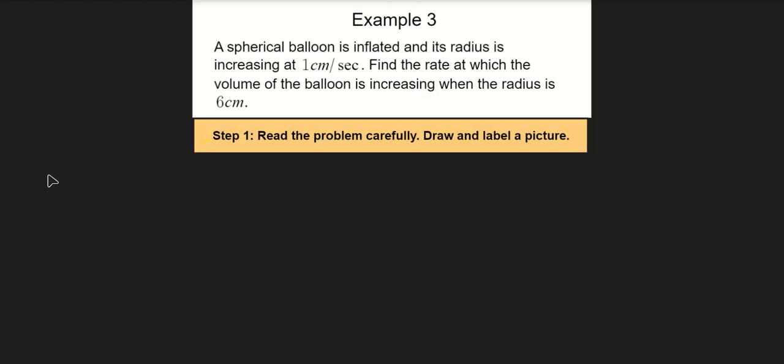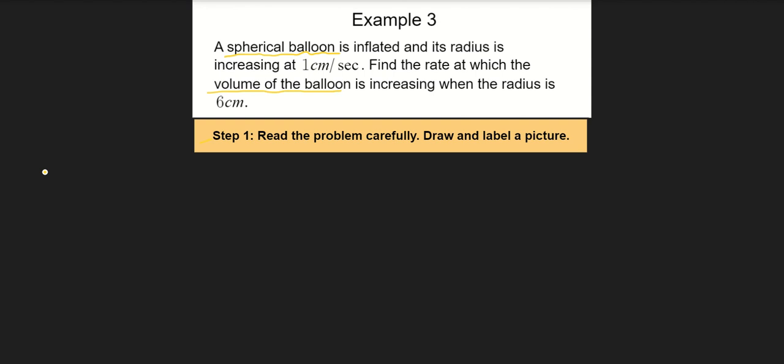We will read the problem carefully, and then we will label or draw the picture if we need to. This is a question about a spherical balloon. It is inflated and its radius is increasing, and we have to find the rate at which the volume of the balloon is increasing.